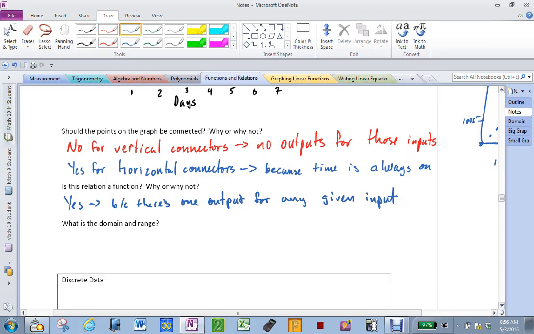Right? So that is where domain and range becomes important, doesn't it? Because can we assume this will carry on past 7 days? We can't. Why? Because we have no data. So domain is important now. What is the domain? And I want these in set and interval, if possible.